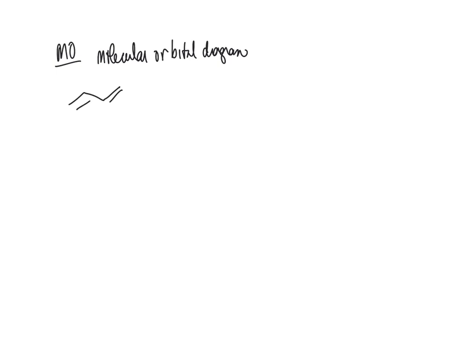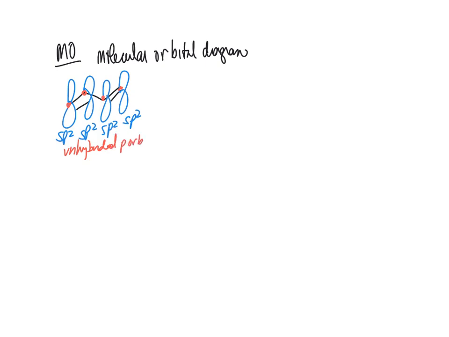So basically you have 4 carbons, and what I'm doing here is I'm showing you that these are sp2. So if it's sp2, each carbon associated with it has an unhybridized p orbital. And the unhybridized p orbital is where these pi electrons are able to reside. And so if you have something like this, then you increase energy.